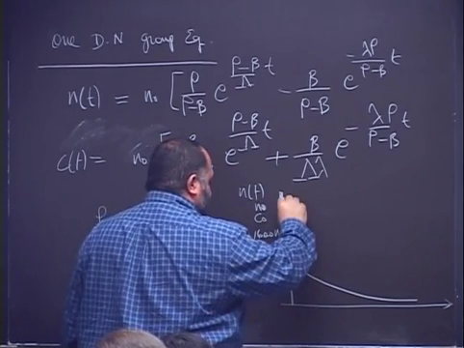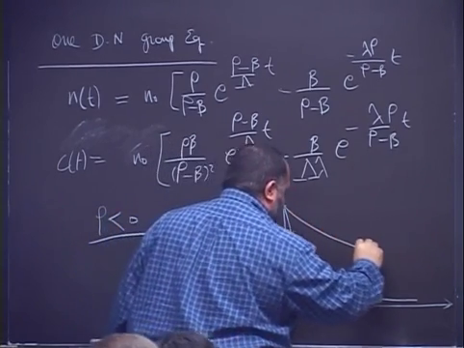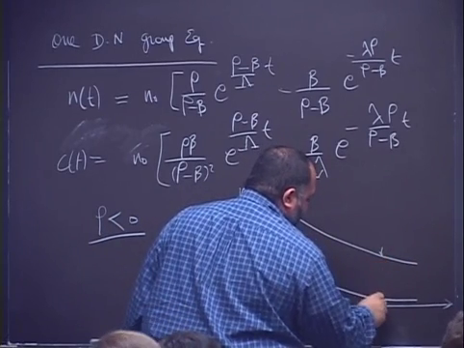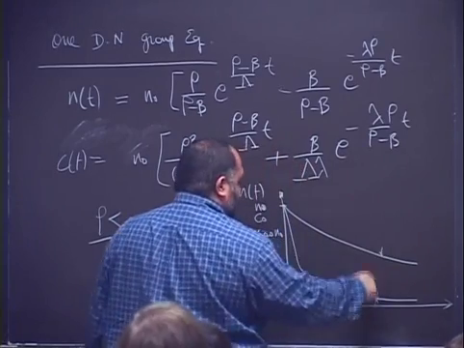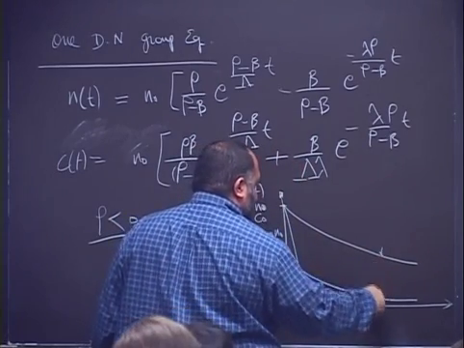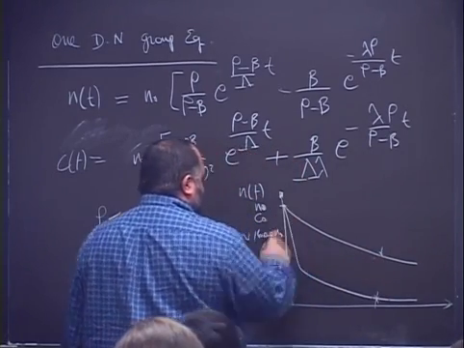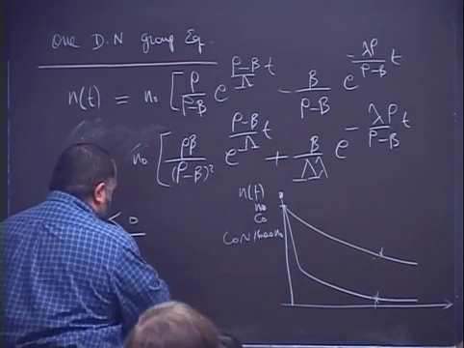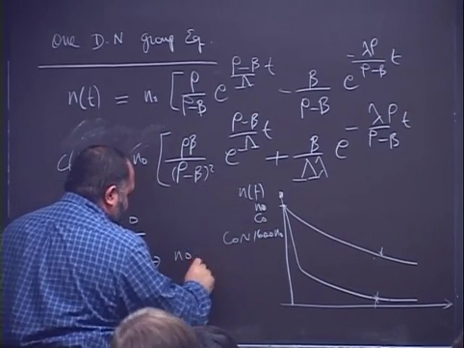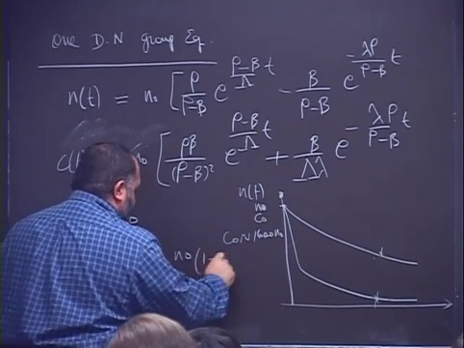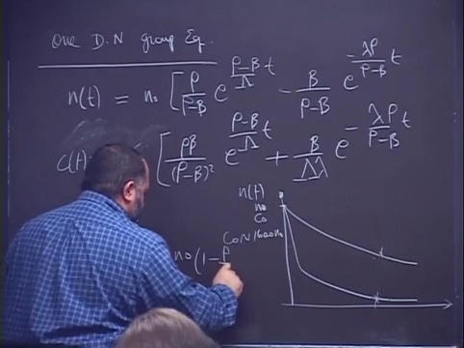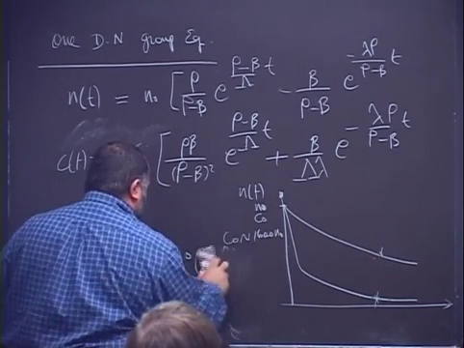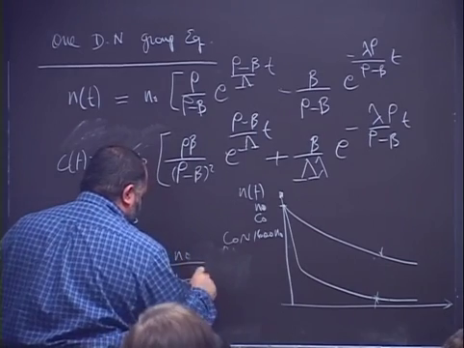It decays with a slower decay, and this decay and this decay are similar, but here you drop from n naught to n naught multiplied by 1 minus rho over beta.